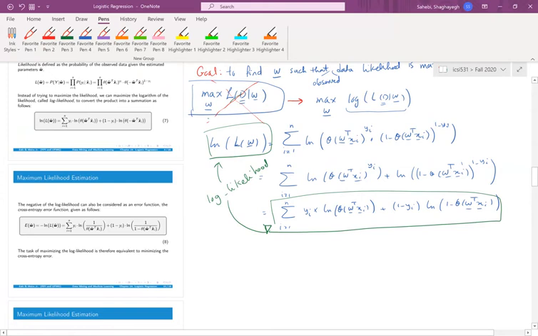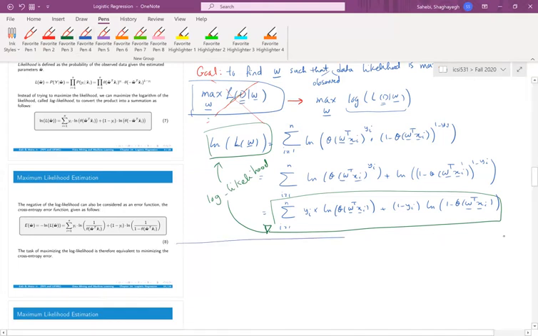Here, because we are working with probabilities and likelihood, we want to maximize it according to the data, right? But what happens if I want to look at it in terms of error, similar to linear regression? Let's see.